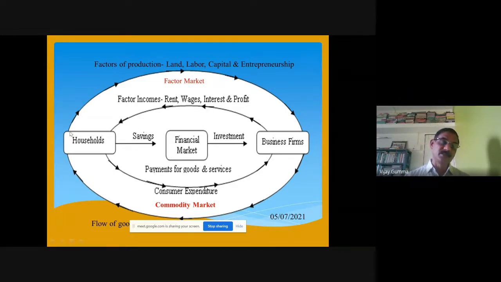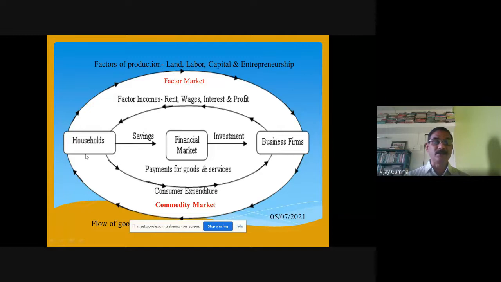See, factor services flow from the household sector to the business firm sector, and income in the form of rent, wages, interest, and profit flows from the business firm sector to the household sector through the factor market.